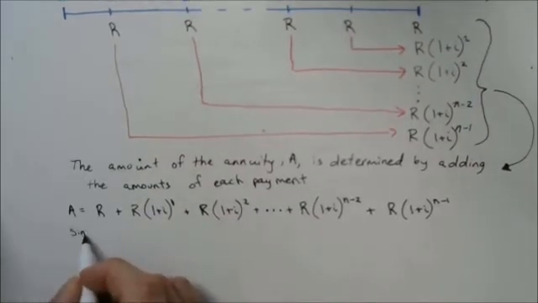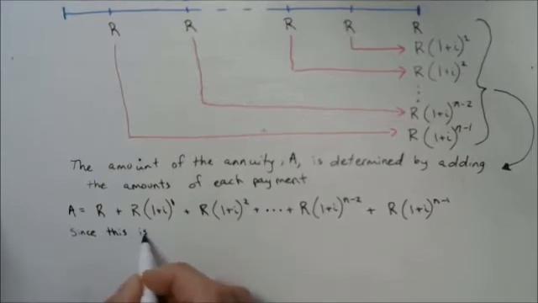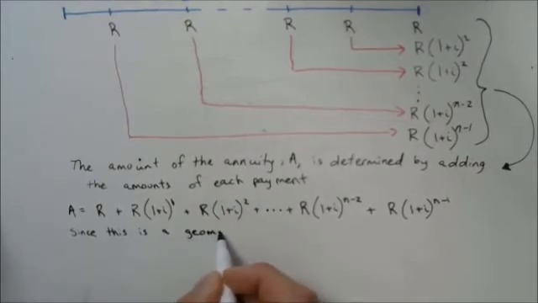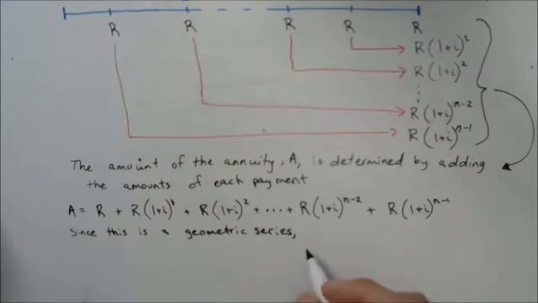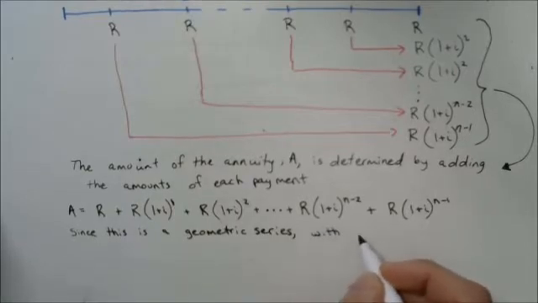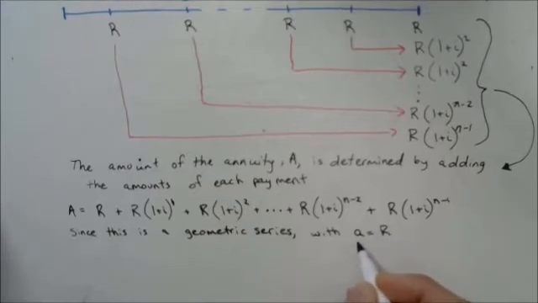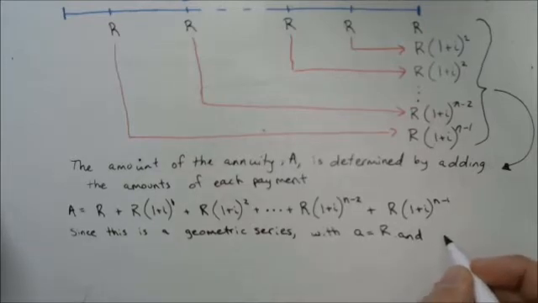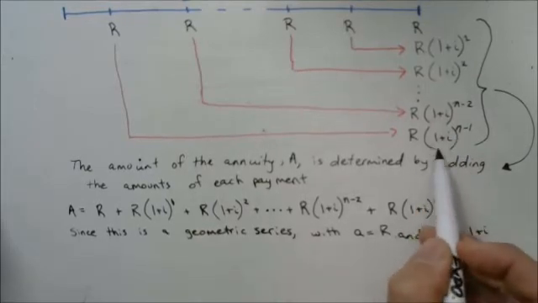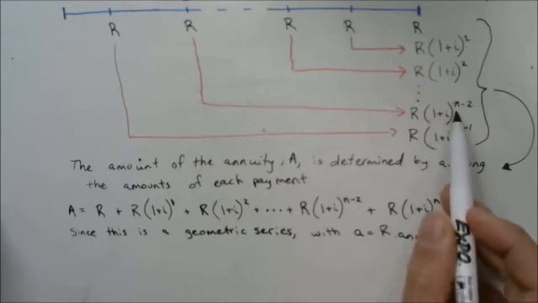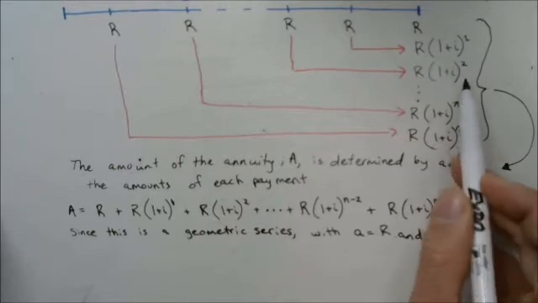So we're going to say, since this is a geometric series with a equals R, so the first term, a equals R, and common ratio, so r equals 1 plus I, where r is the common ratio and a is the first term. r is the common ratio 1 plus I because that's the factor that's being multiplied by itself this many times, or this many times, or this many times, okay?